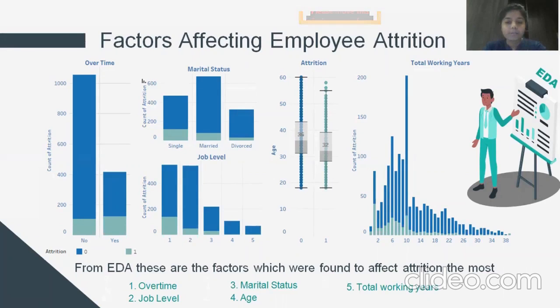And from the total working years, we can infer that people are likely to quit with their 1 year of work experience. So, to understand all these factors in a deeper way, now we will drill down each variable to understand how this variable is likely to affect the employee's attrition.